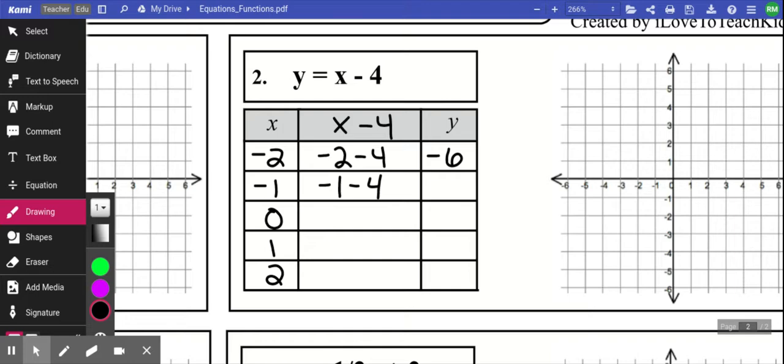Same numbers. Do the next one. So now your x is 0, so where you see x, it's going to be 0 minus 4. Okay, go ahead and plot that. Okay, do the next one.